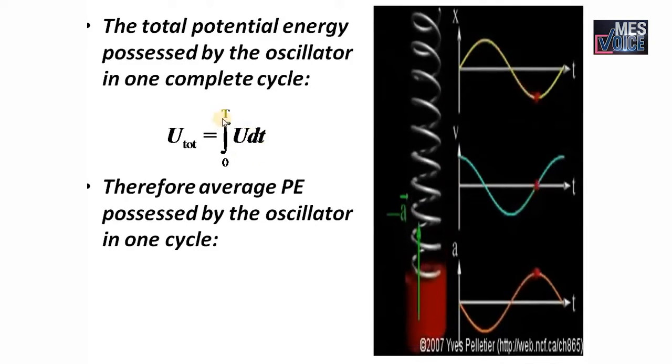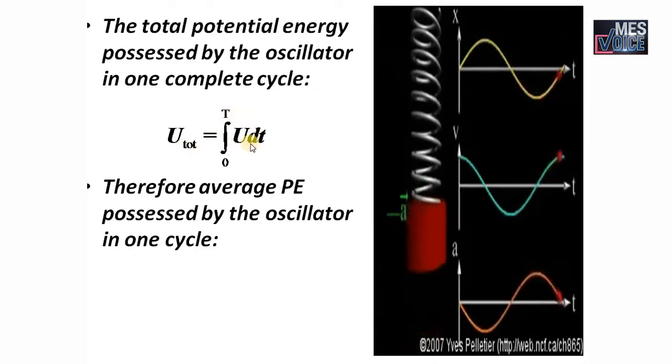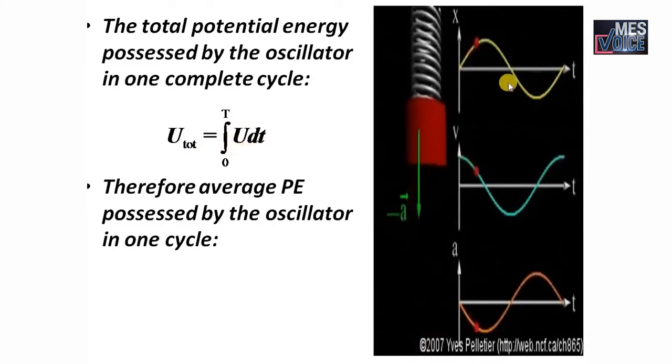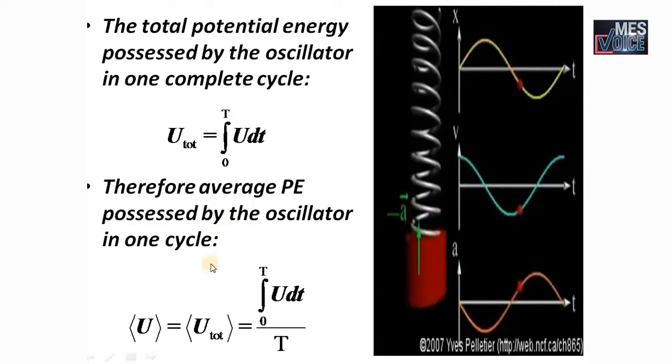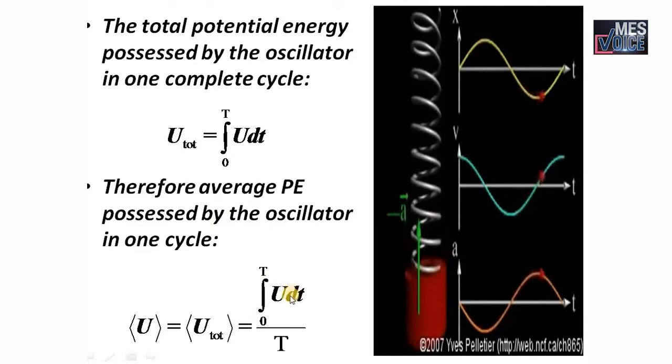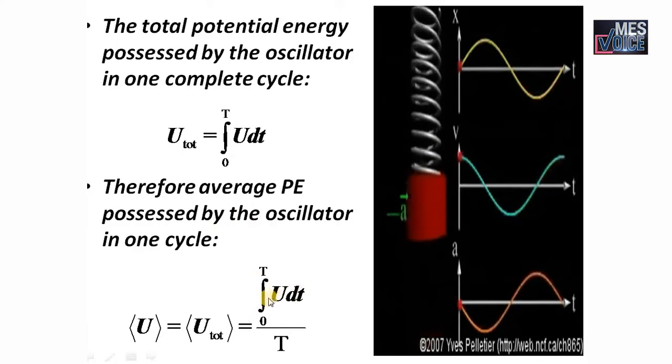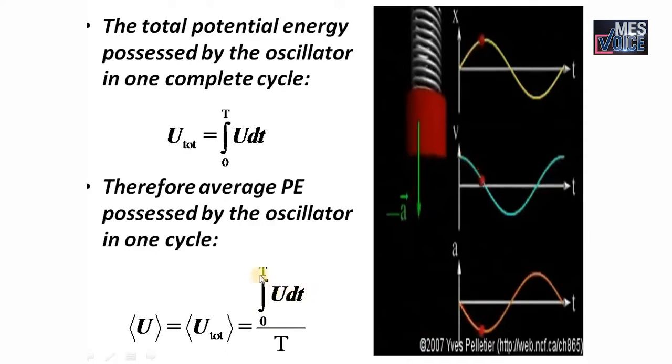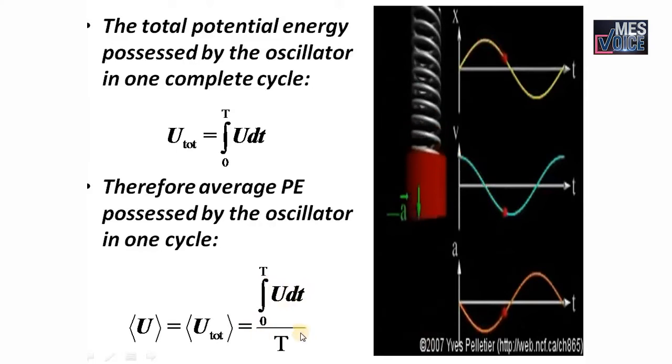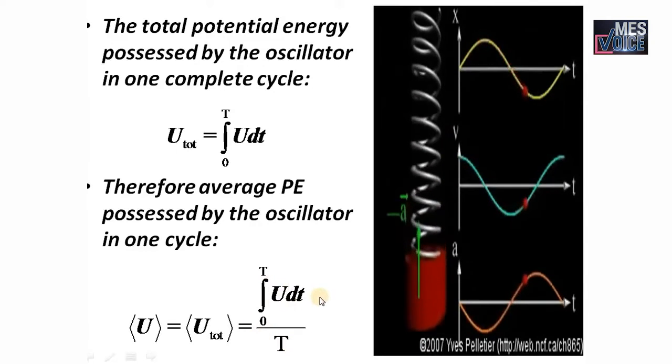In order to find the average of this, we will divide this total energy by one period, that is capital T. This is the total potential energy obtained by the oscillator in a complete cycle, divided by the period. So you will get the energy per unit time. Understand?